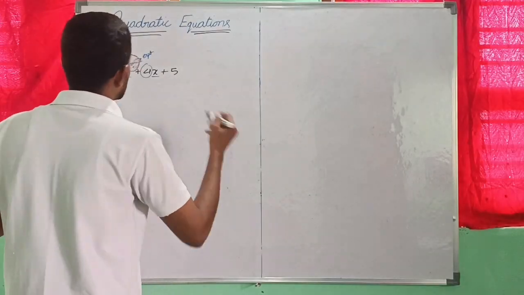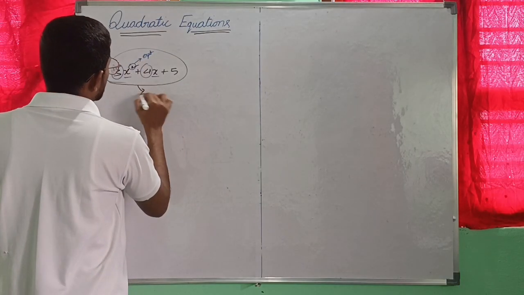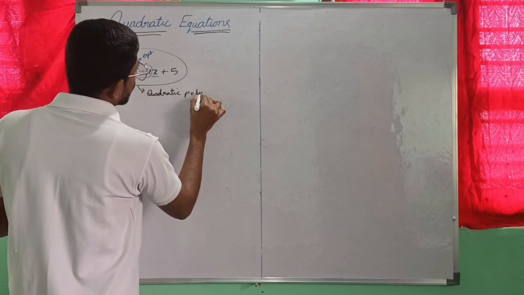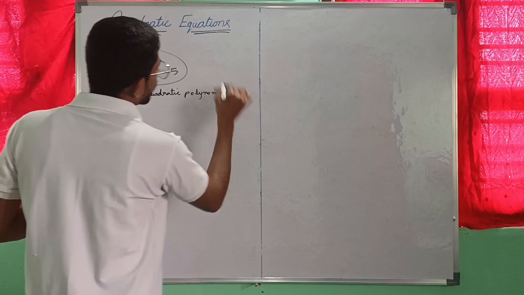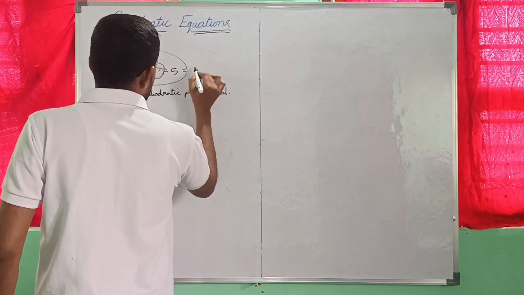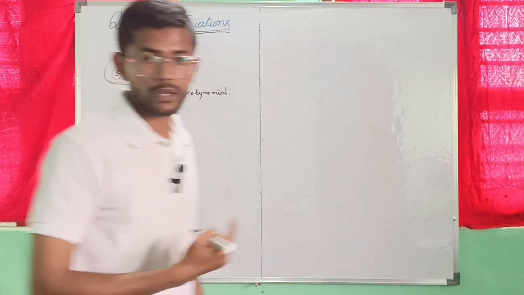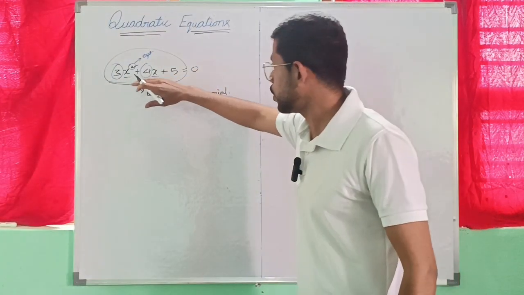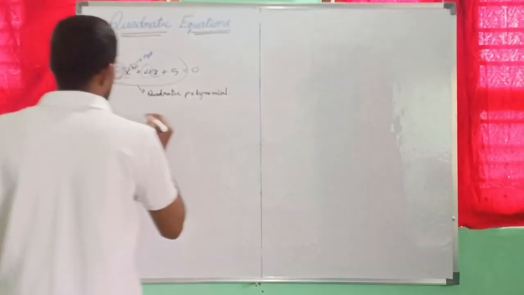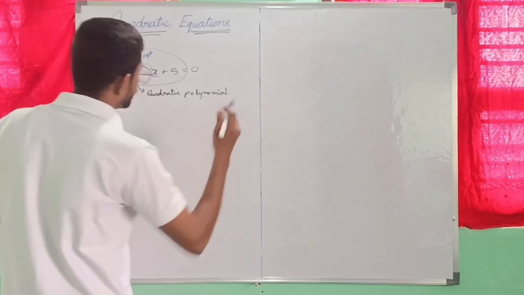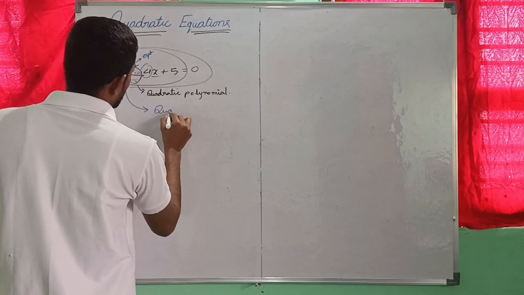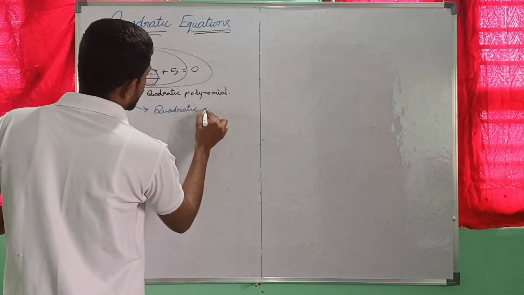Now this is the quadratic polynomial. When I equate this quadratic polynomial to 0, then it will become a quadratic equation.